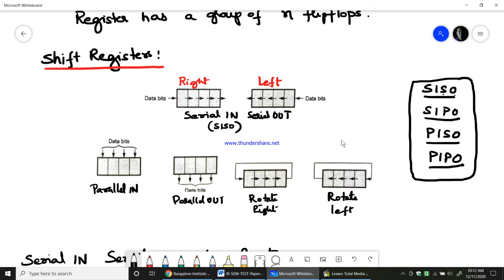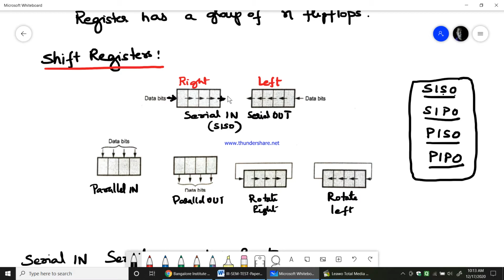Now serial in, serial out can happen in two ways. Either it can work as a right shift register, or it can work as a left shift register. The second thing you need to know about the serial shift register is that we give 1 bit each time as input, and we take 1 bit each time as output. Here you see the data bit input, we give 1 bit each time, and we take 1 bit out each time.